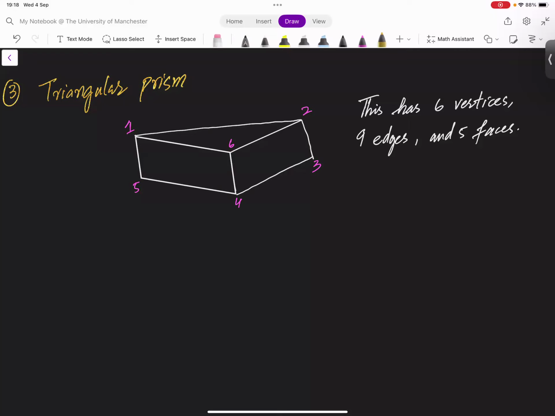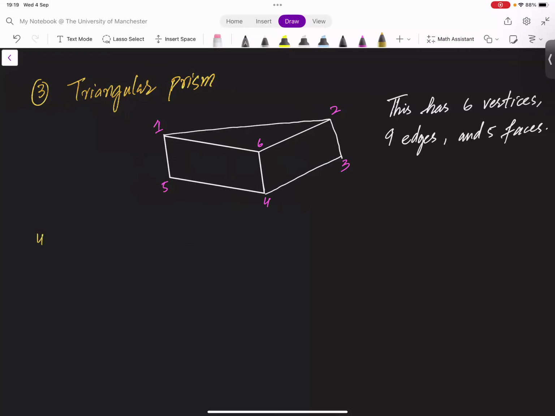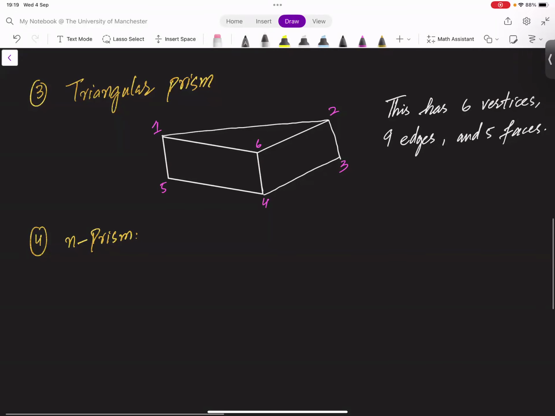Number 4 is the n-prism. An n-prism is like a triangular prism, except that its top and bottom faces are n-sided polygons rather than triangles.